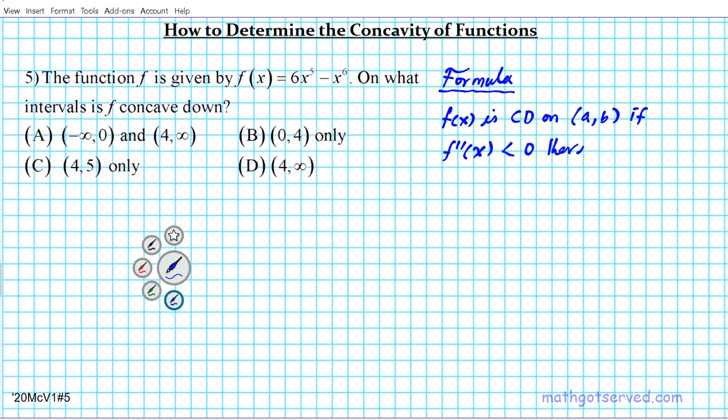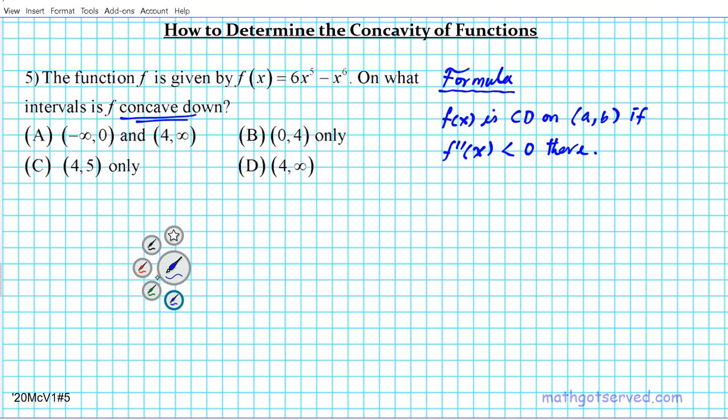So if the second derivative is negative, you have a downward opening concavity. If the second derivative is positive, then f has an upward opening concavity. So in this particular case, we're looking for where f is concave down. That's why we're looking at where f double prime is less than 0.